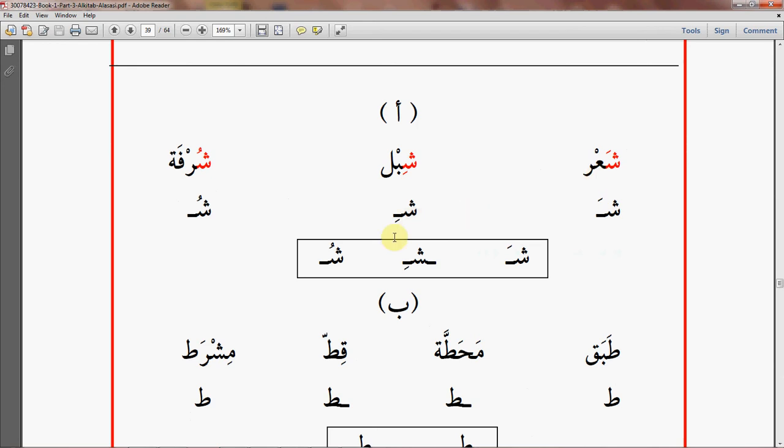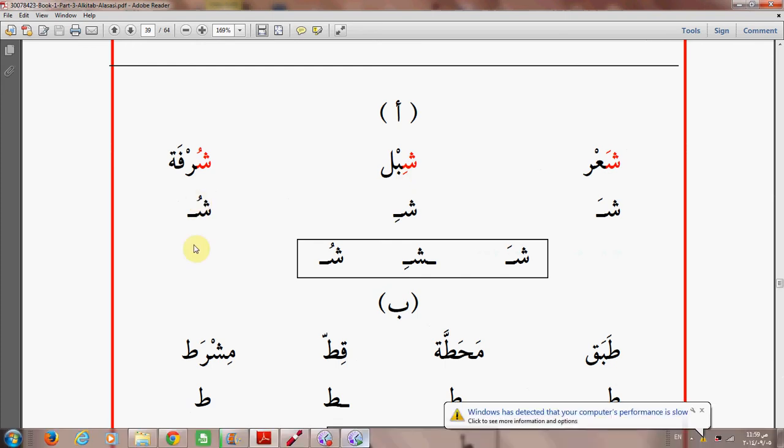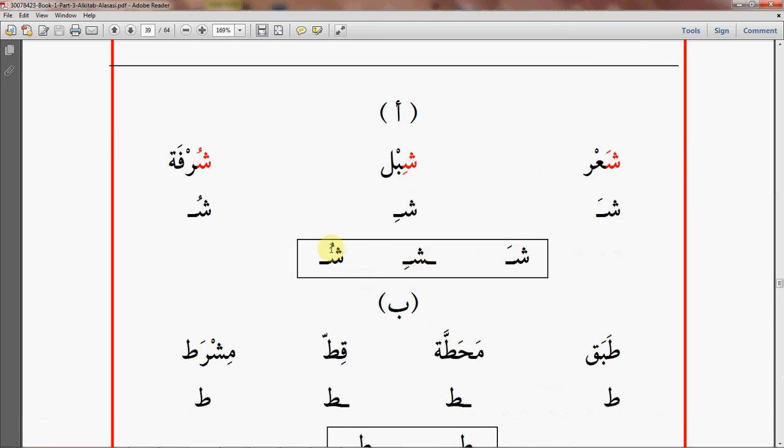Sheen with kasra, شي. شبل, cub. Sheen with damma, شو. شرفة, balcony. شبل is the lion child, the baby lion. So شين فتحة شا, شين كسرة شي, شين ضمة شو. شعر, شبل, شرفة.